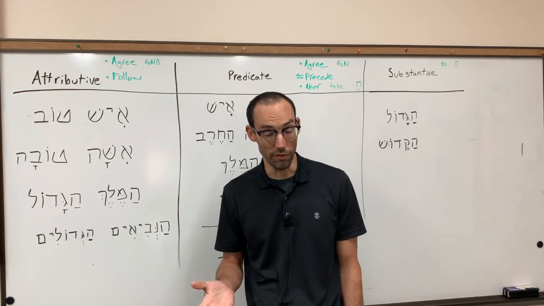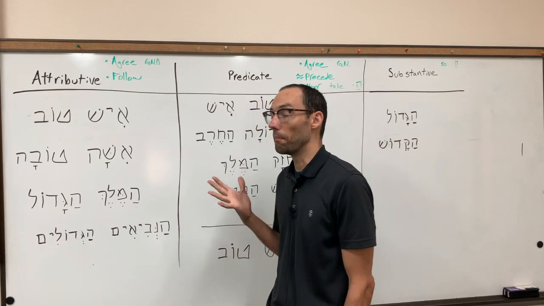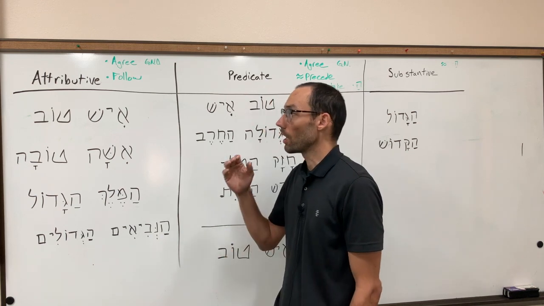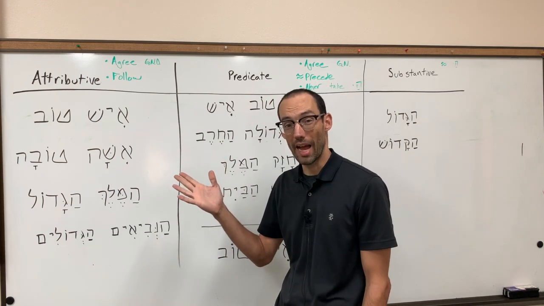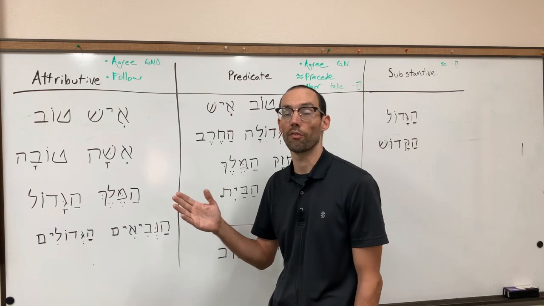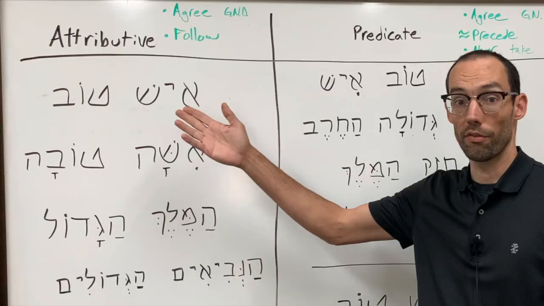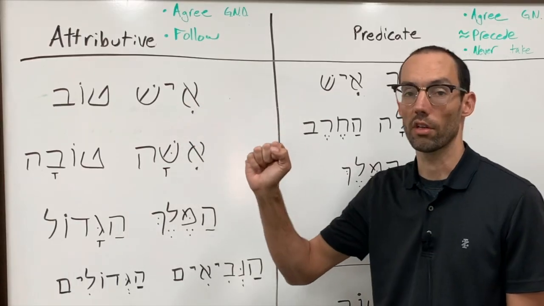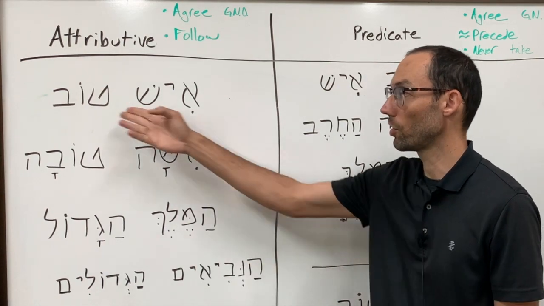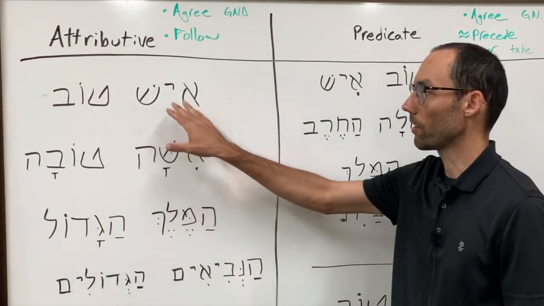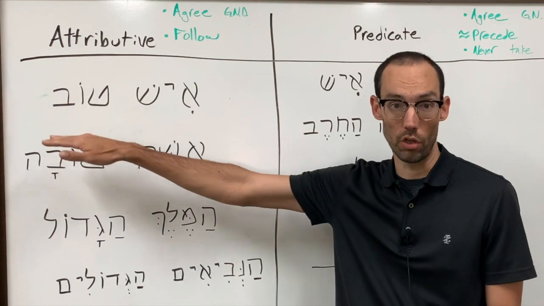Okay, so adjectives. It's not that hard, but there's three different kinds of adjectives, so that's what I'm going to go over first. The attributive position of adjectives. So what we've got here is ish tov, and ish means man and tov means good.